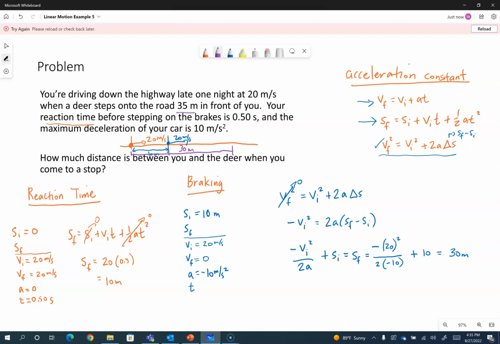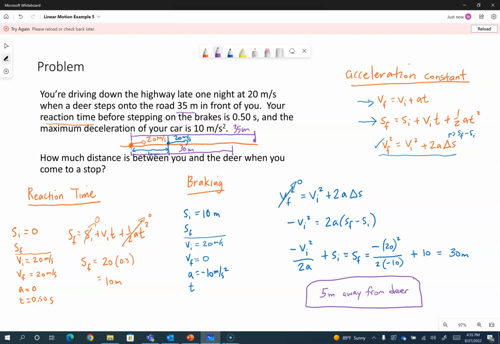It tells us that the deer is 35 meters away, so the deer is over here, 35 meters away. So our answer is we are 5 meters away from the deer when we stop. And that's what the question asked for.